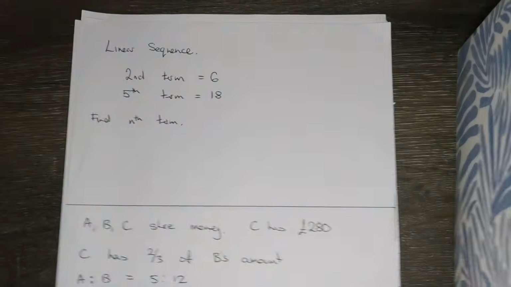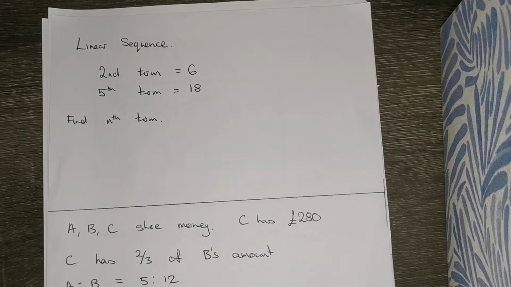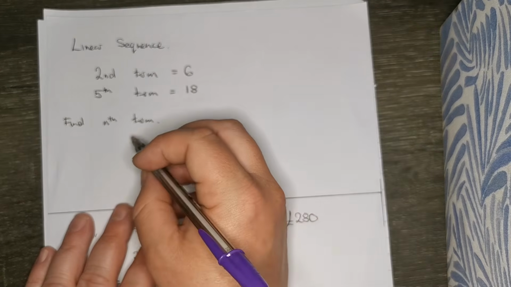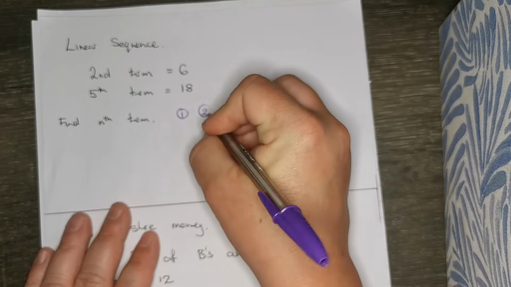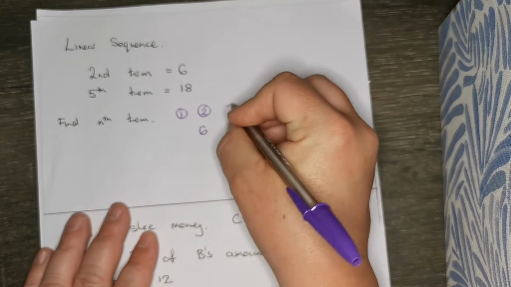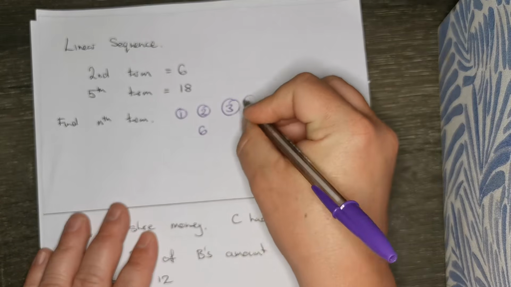Right, I've got a linear sequence. Steady on. I've got a linear sequence. I'm told that the second term is 6 and that the fifth term is 18, and I'm being asked to find the nth term. So I don't know what term 1 is. I know that term 2 is 6. I don't know term 3. I don't know term 4.